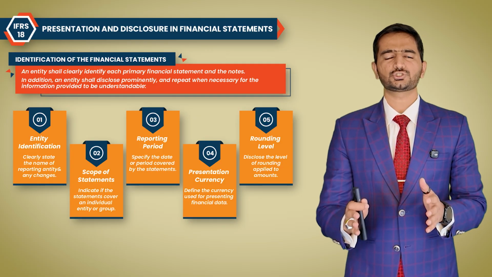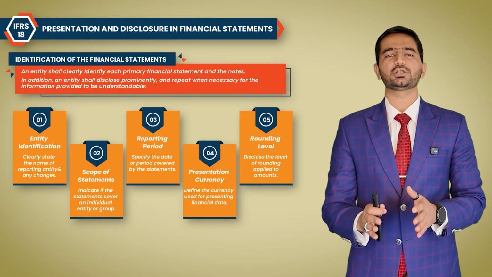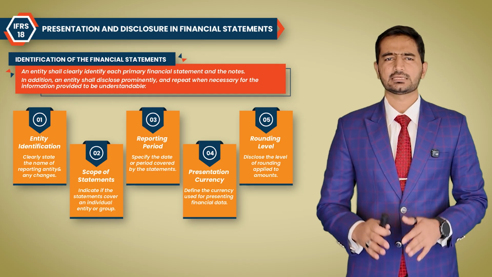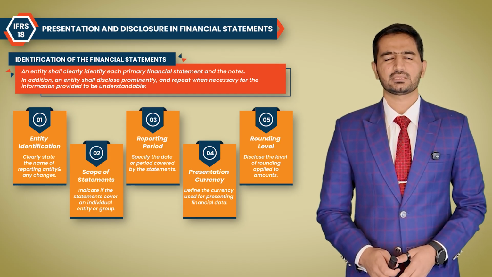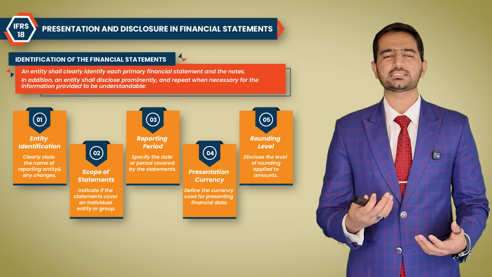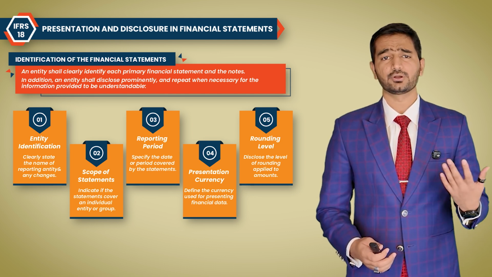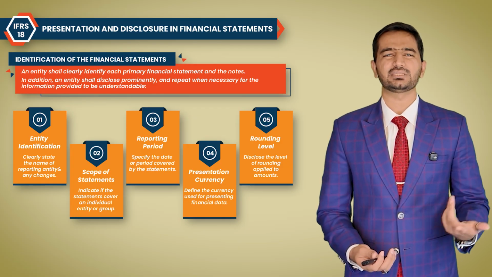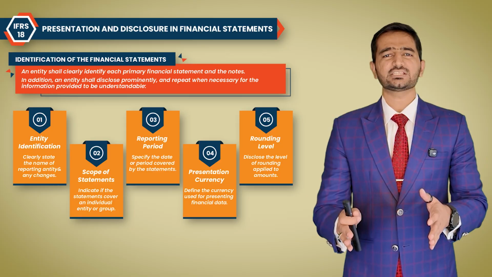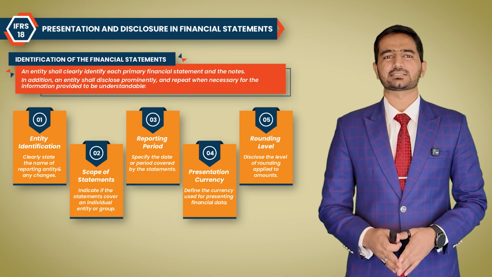All of this information should be attached to every single component of your financial statements. This sounds small, but it makes a huge difference to users. Imagine seeing profit is equal to 125 and wondering 125 what? Dollars, millions, rupees or peanuts. So always make it obvious and consistent.